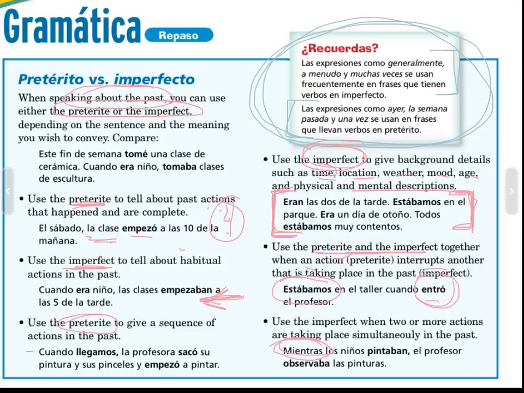Ayer, yesterday. La semana pasada, last week. Una vez, one time. These are phrases that help indicate the use of the preterite because they're more specific about when something happened.